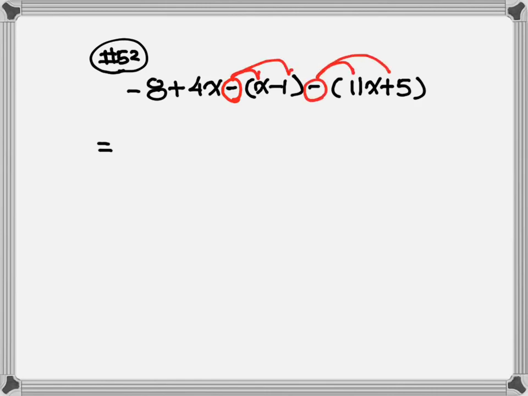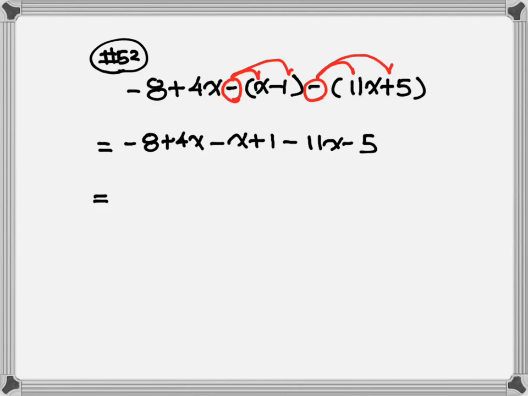So here we have a negative sign. We're going to take the negative sign and multiply it into the parentheses. Okay, so keep the negative 8 plus 4x. Now we're going to take the negative sign and multiply it into the parentheses. It will become negative x plus 1. Then here will be negative 11x minus 5.